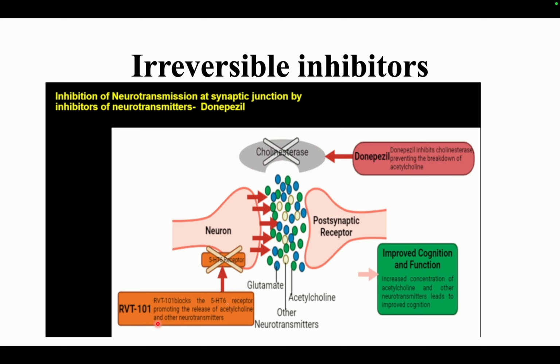So these are different neurotransmitter inhibitors. Acetylcholine has different functions apart from muscle contraction and relaxation, so these are the molecules which are used as drugs and for the pharmacological inhibition of acetylcholinesterase.